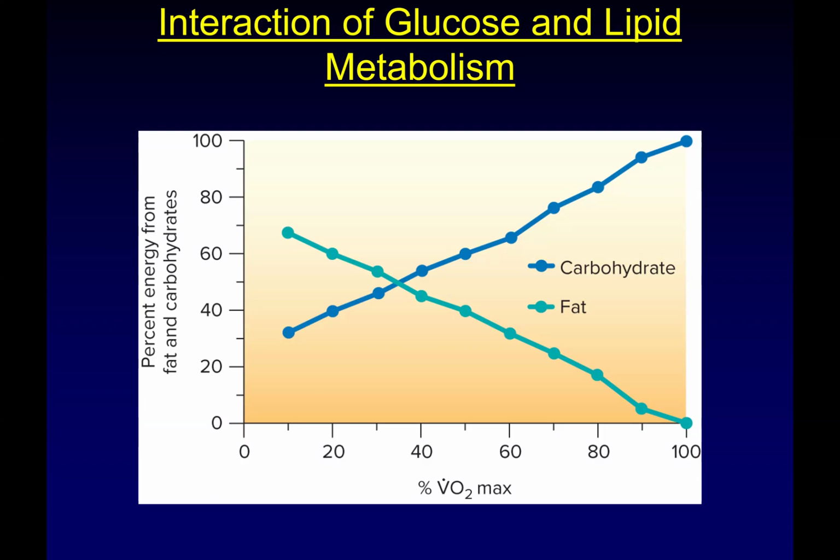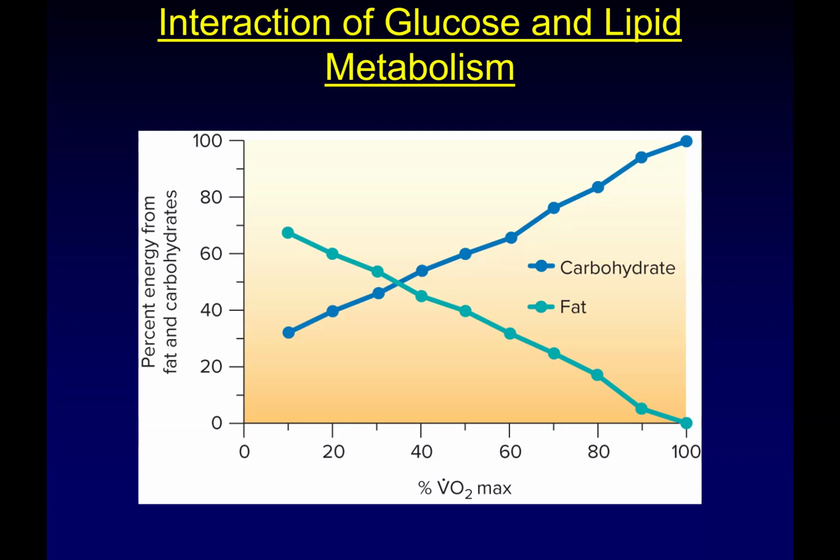And in the next few slides, we'll talk about the why behind that, why that has to be the case. But this graph that you see here is a very, very old school sort of famous concept in exercise physiology. And what it denotes is something called a crossover point. There is an intensity of exercise at which the use of carbs and fat is essentially equal. It's 50-50.